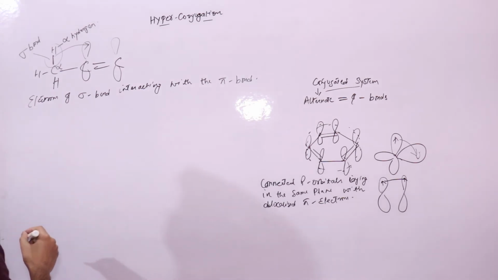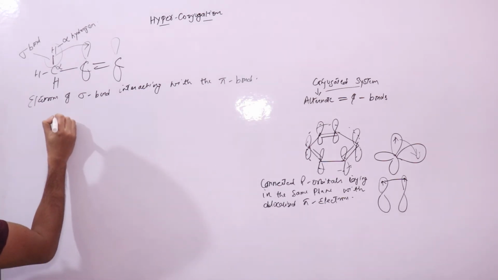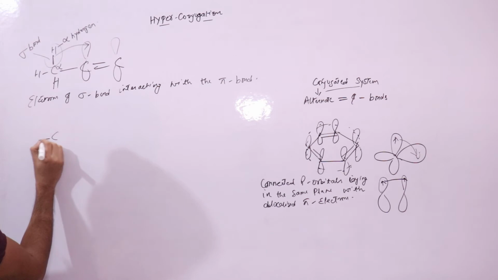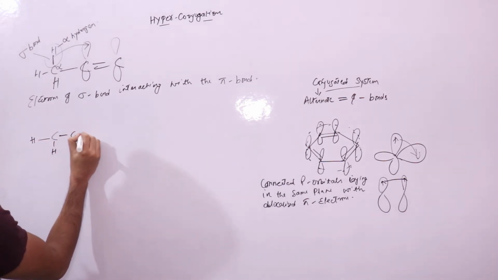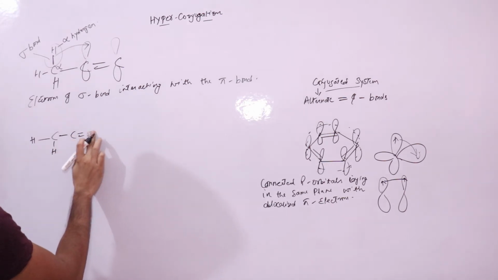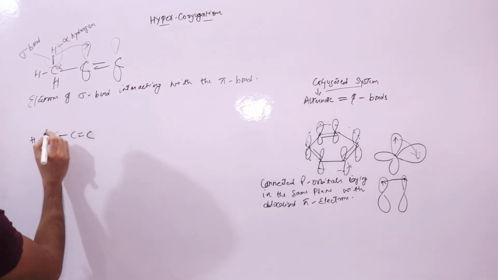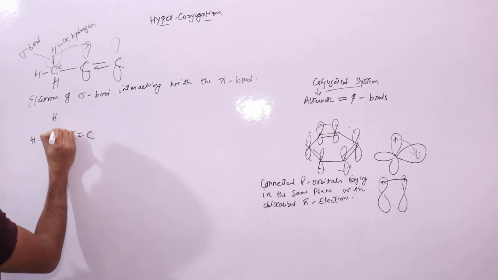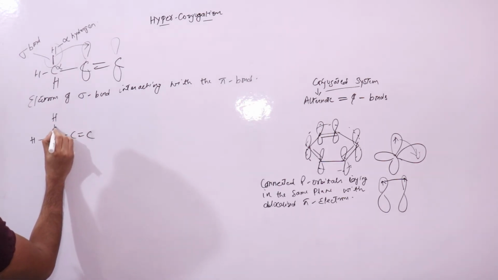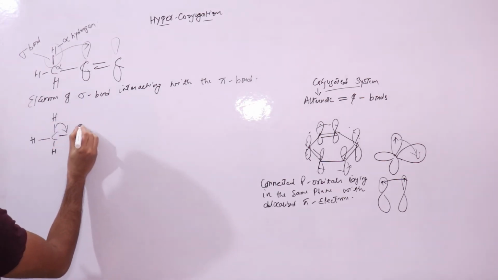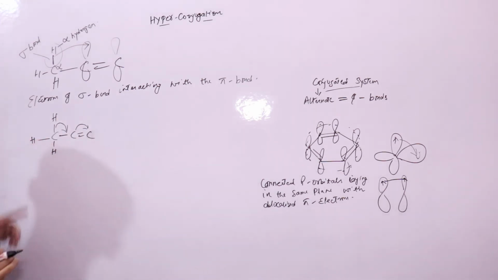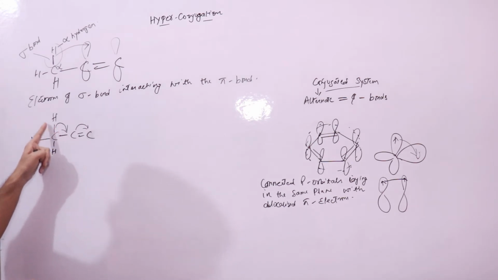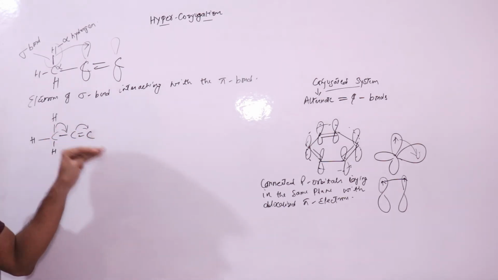Now just look at this: you have hydrogen here, you have carbon here, which is a double bond. When these electrons interact, electron density will move, pushing electrons towards the double bond.